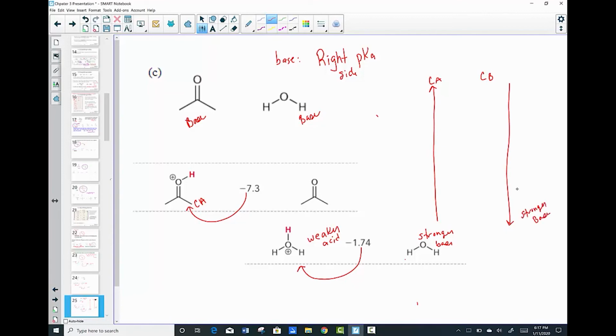You want the one at the lower end. So when we said water was a stronger base, that means it's lying below the ketone on that conjugate base side. So all I have to do is find the one that's more toward the bottom to find the stronger base. To find the stronger acid, find the one highest up on the left side in comparison.